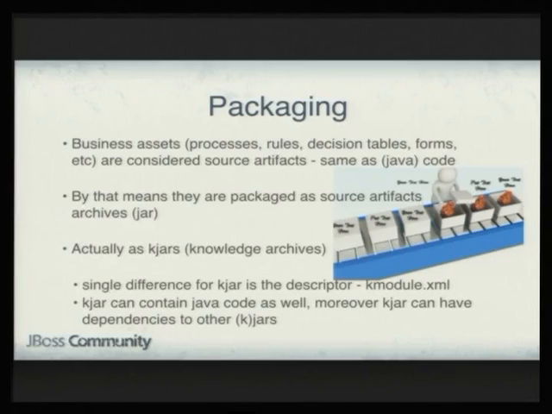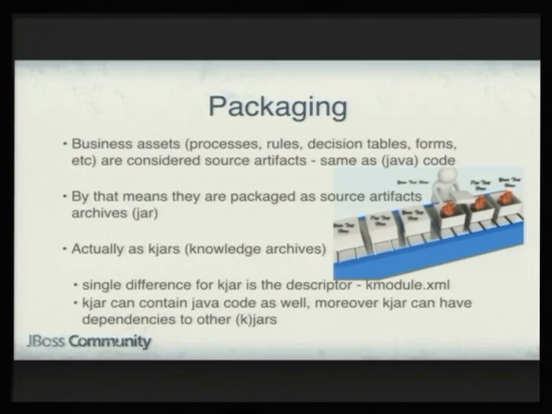Kjars can include, and in general should include, source code as well. So if we have additional code, for example, handlers, they can be included in the kjar itself, or they can be added to the kjar as a dependency. So if we'd like to reuse it, we can package it externally as a jar and make a dependency from our kjar to that given jar.